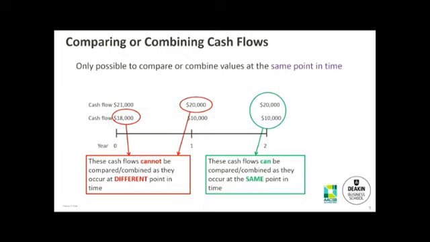That is, if you want to combine cash flows or compare cash flows, you have to bring all of the cash flows into the same point in time. Once they happen at the same point in time, you can either combine them or compare them. Get it? And that's how it works. Up to this stage, any questions?